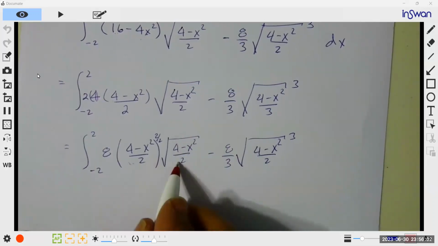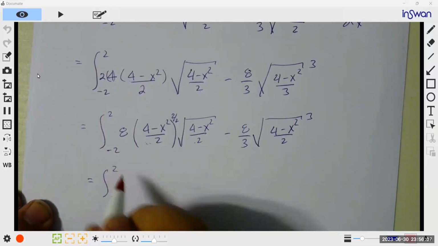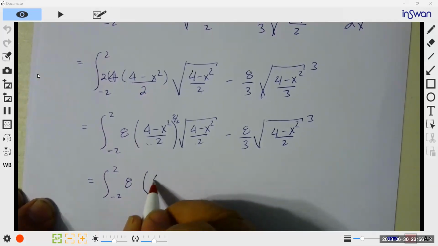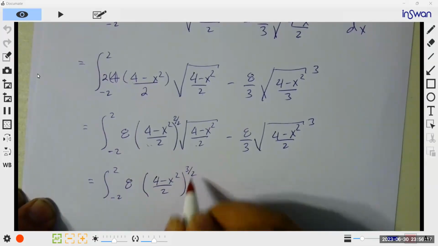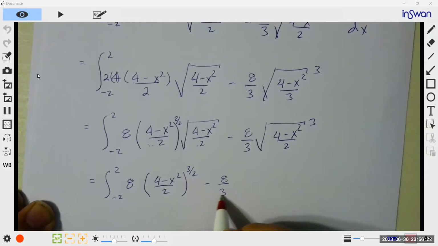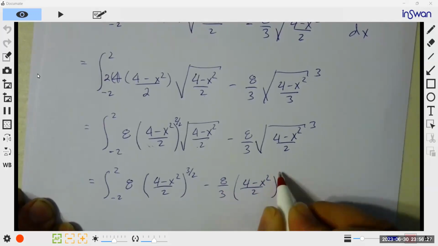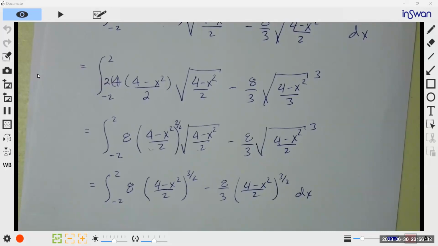So if I put these two together, I get 4 minus x squared over 2 to the power 3/2 minus 8 over 3, 4 minus x squared to the 3/2. So far, so good.